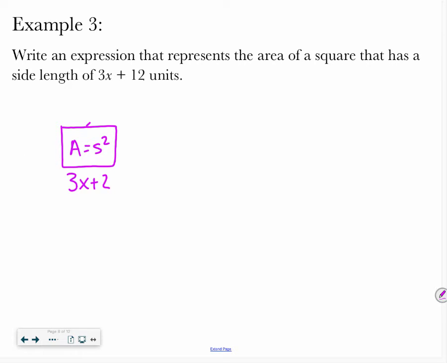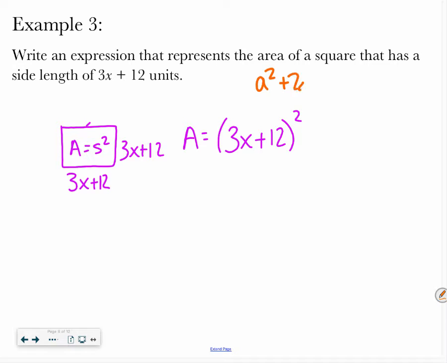Okay? So that means I'm going to have 3x plus 12 squared. So I'm going to follow that same formula where for sum of squares, remember it's a squared plus 2ab plus b squared.